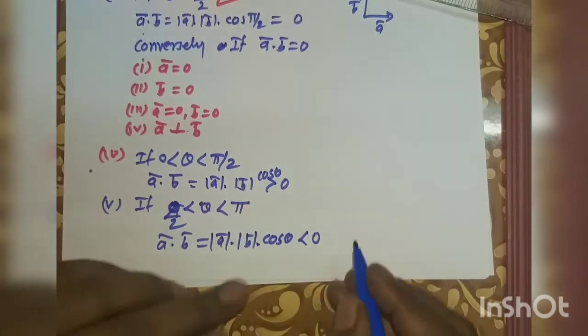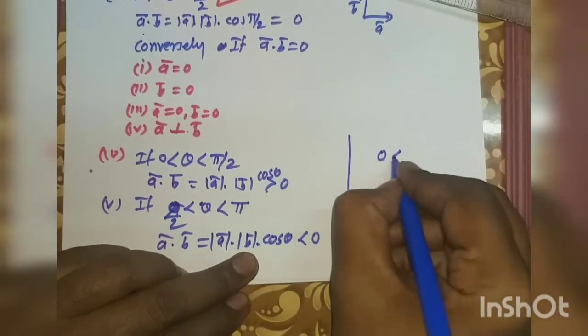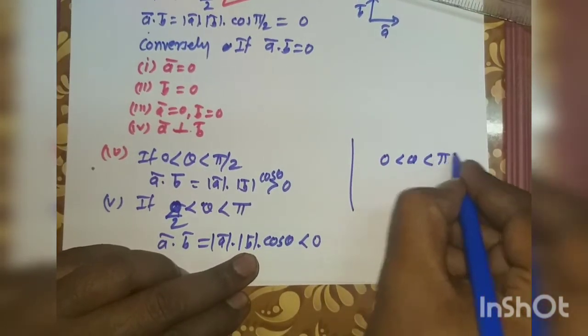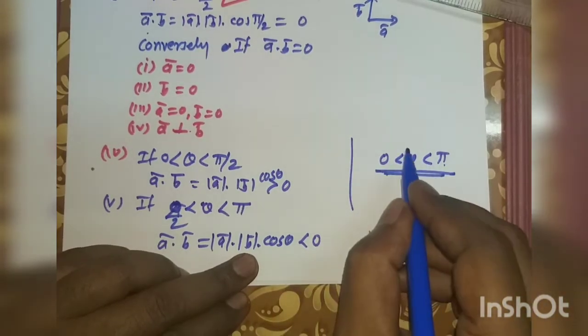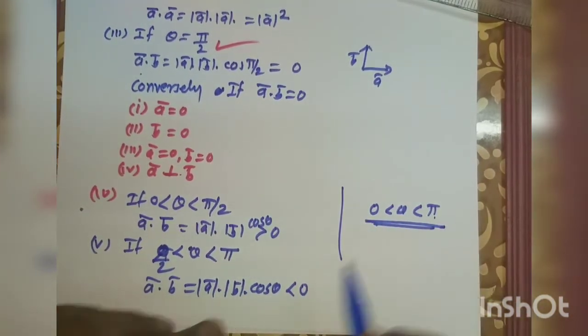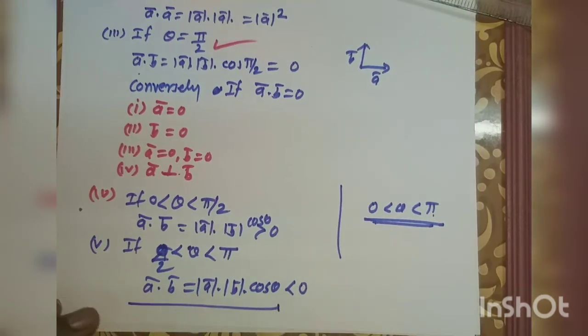Here in the scalar product, theta lies between 0 and pi. We cannot take it greater than pi. Theta always lies between 0 and pi. Therefore, this is the fifth condition.